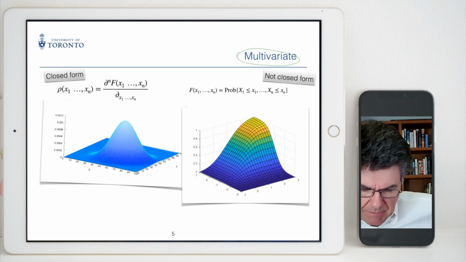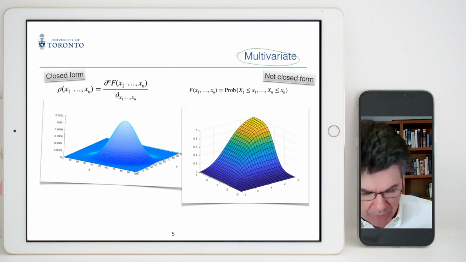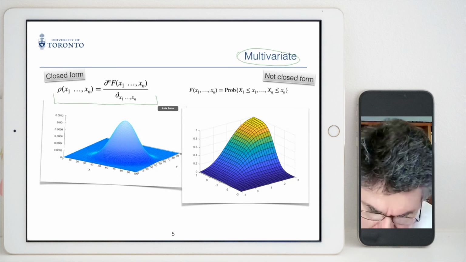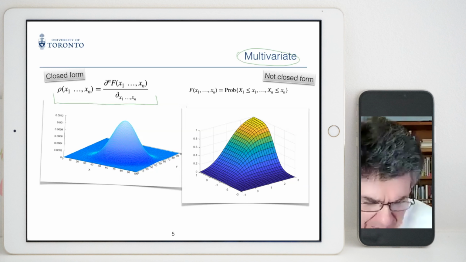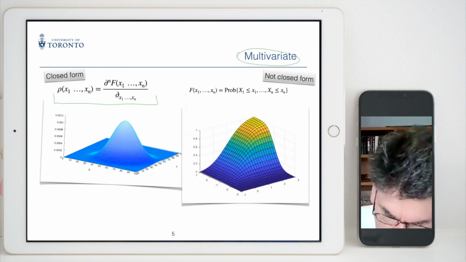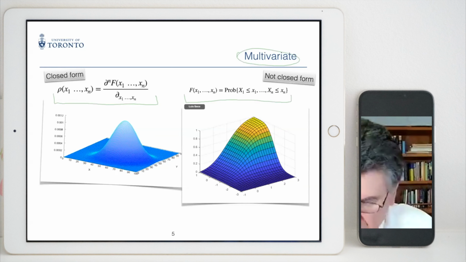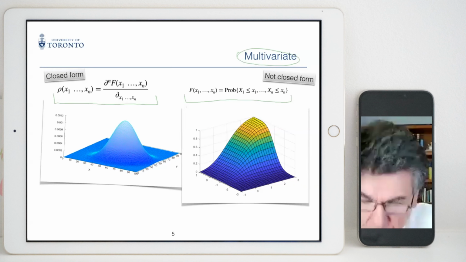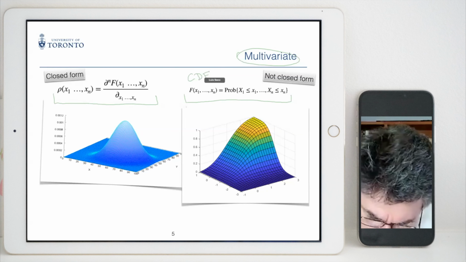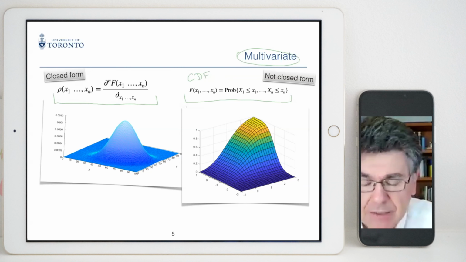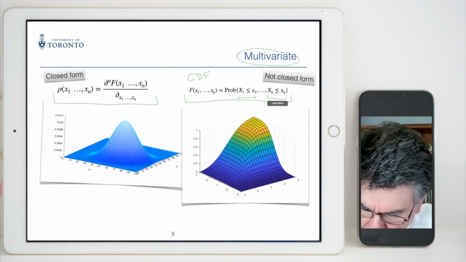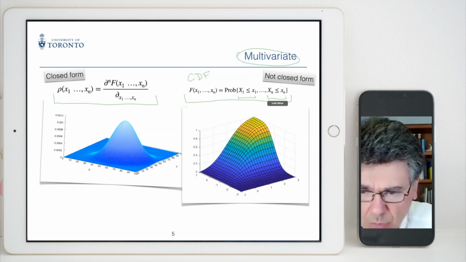Then there are two things that we need to know. First, what is the density, which is now a density of many different variables, and what is the cumulative distribution function? We'll start with the cumulative distribution function. It is the joint probability of my different random variables being less than or equal to given numbers.